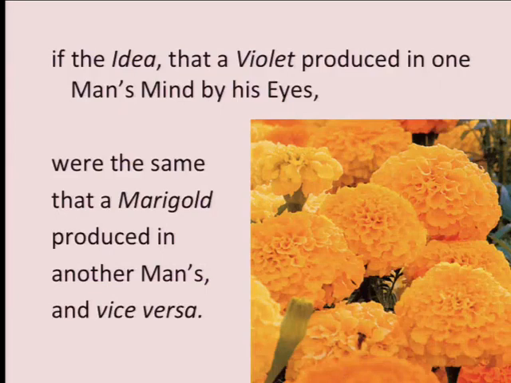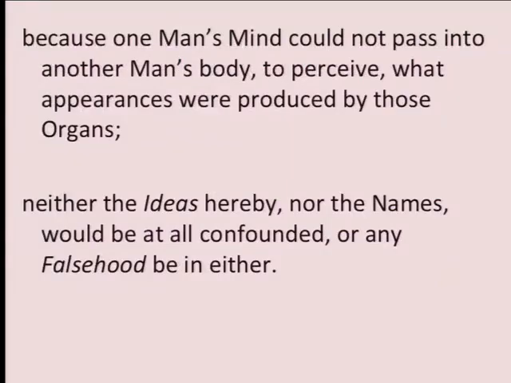Yeah? So Locke says, one man's mind could not pass into another man's body to perceive what appearances were produced by these organs. So we can't tell that this is going on. Neither the ideas hereby, nor the names, would be at all confounded, or any falsehood in either. Suppose this is going on, he says, it doesn't matter. There's no confound, there's no error.